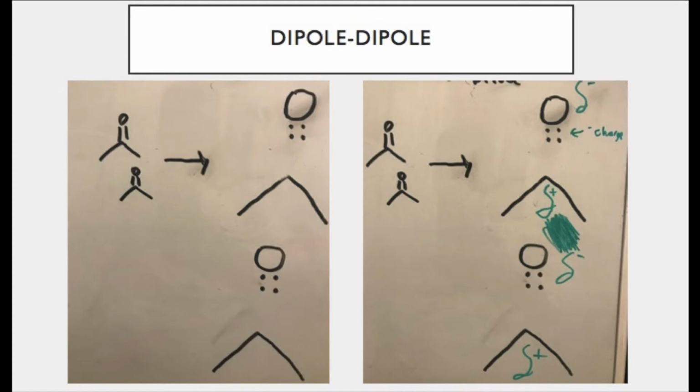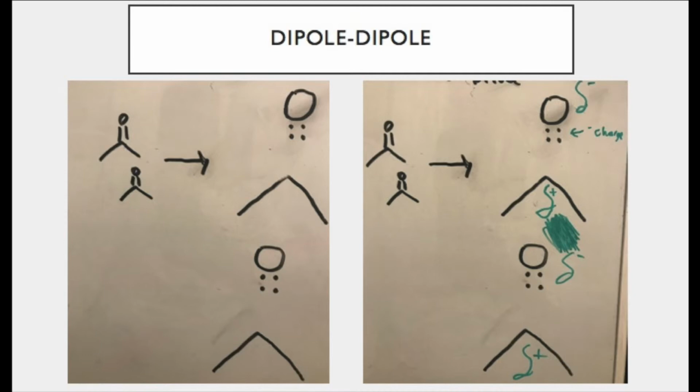But in actuality, due to differences in electronegativity, as we just stated, if one element in the molecule is more electronegative than the other element in a molecule, say for instance oxygen, the oxygen that's double bonded to the carbon, then those electrons aren't going to be shared equally. They're going to be shared unequally, and this is what we call a polar covalent bond.